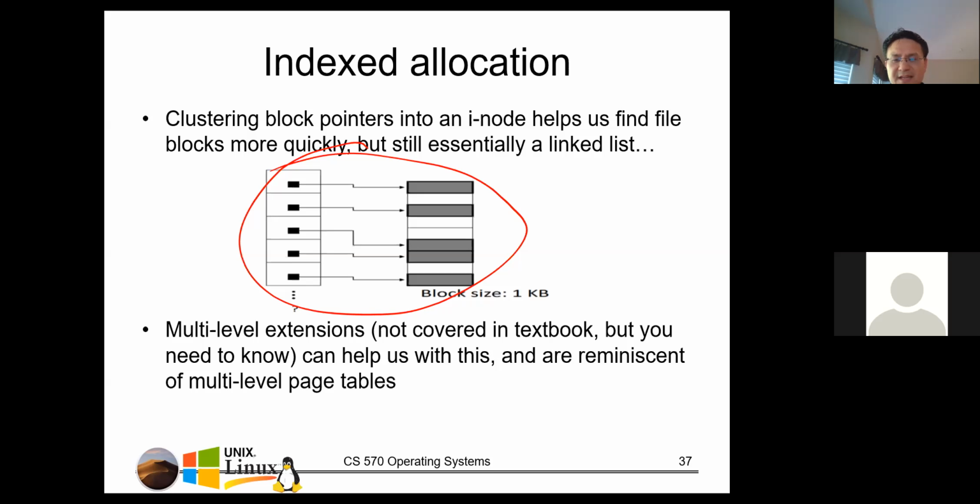But the big advantage of using the multi-level setup is that it provides the flexibility that you can start the inode with a small one-level inode, then that structure can grow if the file size grows.